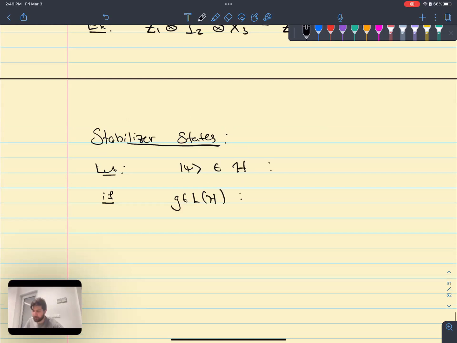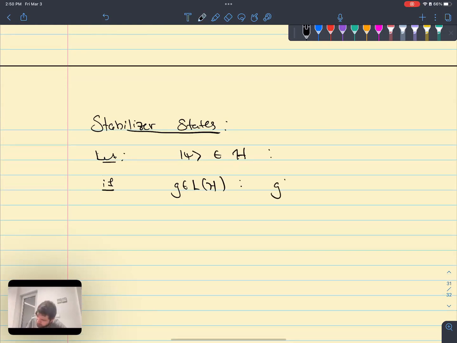If we have that G psi equals psi, then we say that G stabilizes the state psi.